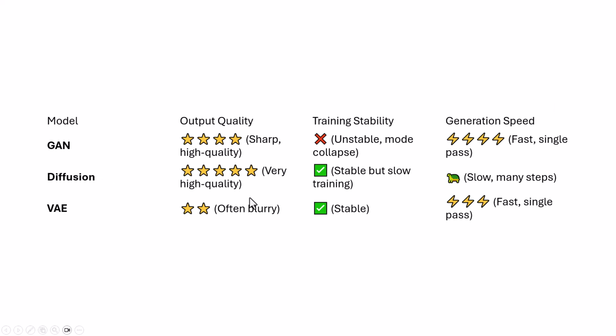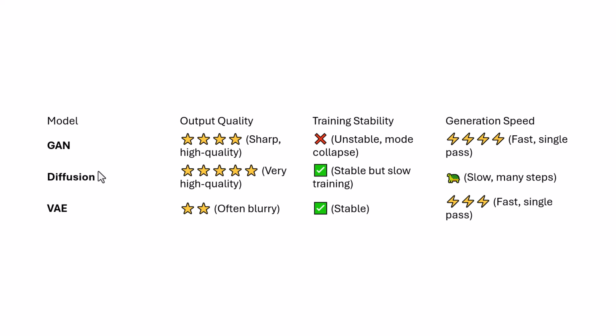And another massive point for diffusion is that diffusion models can be conditioned, okay, which means that you can give it an input, and you can have some control over the output image.